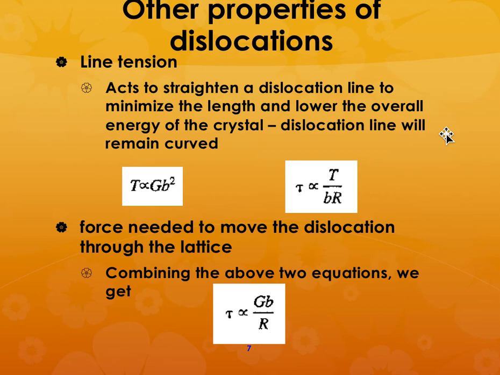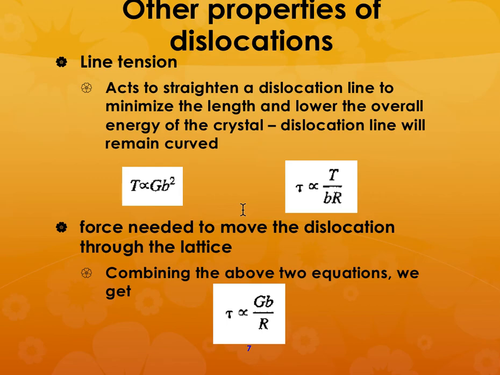And you can see that when you look at the crystal structure under the microscope, you will see a line that is kind of a zigzag type of a thing, which is actually a dislocation.